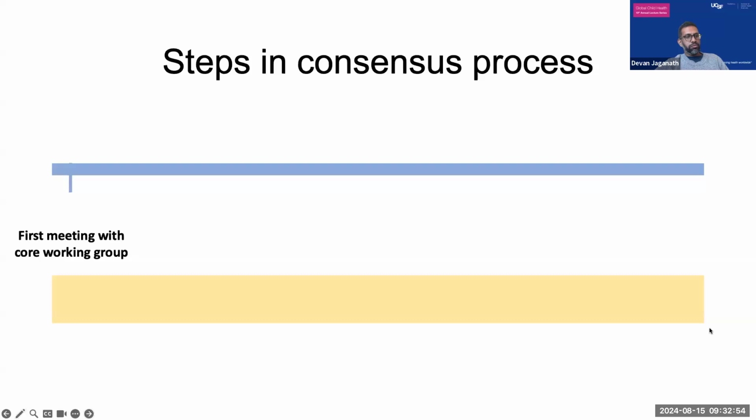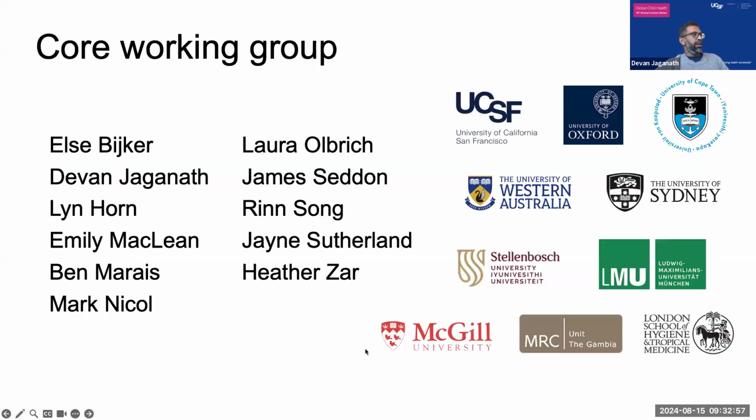And so we built this core working group, and my main partner was Elsa Bishker, who is a pediatrician based at Oxford, and she's part of a large consortium called the FEN consortium that looks at TB diagnostics. I was part of another consortium also supported by the NIH called R2D2, and then there was a third one called NDX, and we were all dealing with similar questions and issues, so we thought this would be valuable.